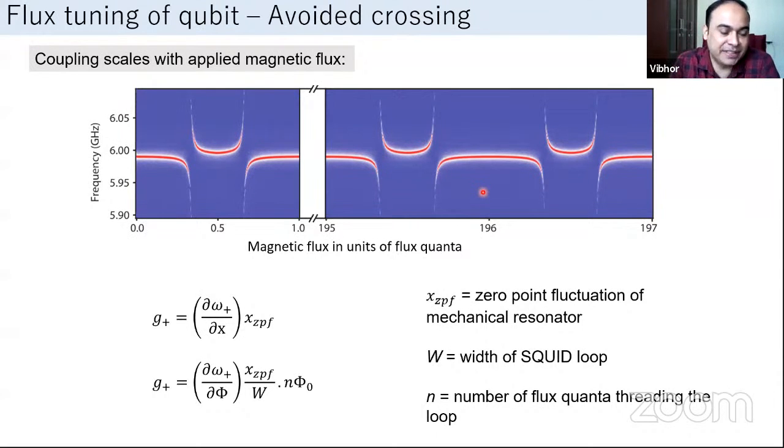It's quite easy to understand that if we apply a large magnetic field and hence a large flux, then a small change in the displacement would result in a larger modulating flux, and hence a larger shift in the dressed mode frequency.